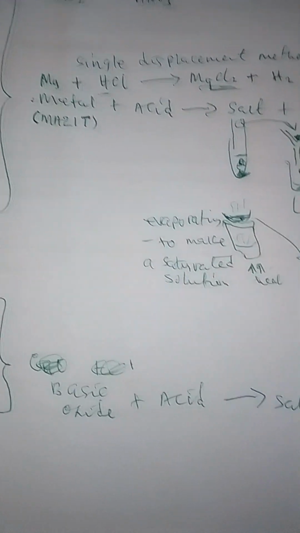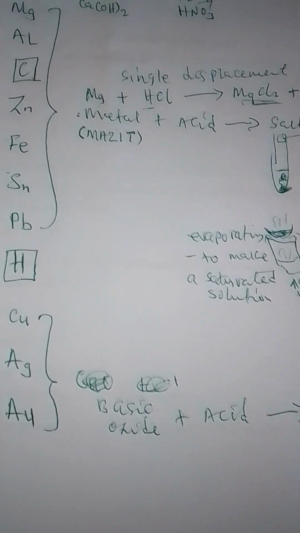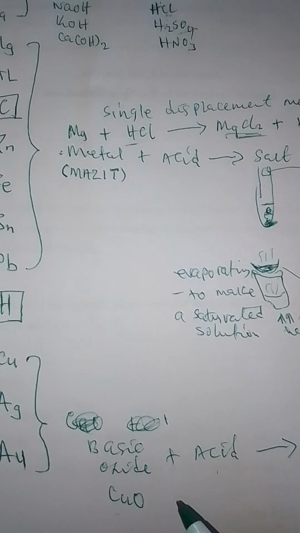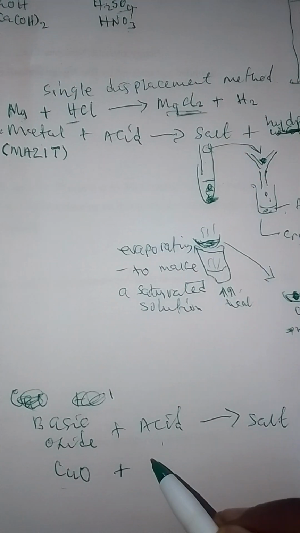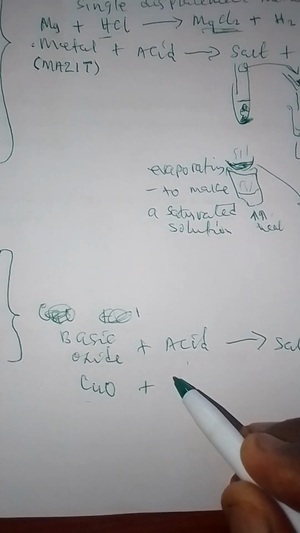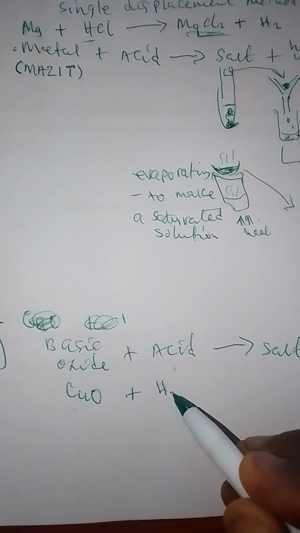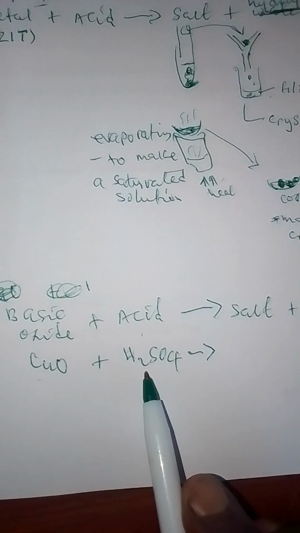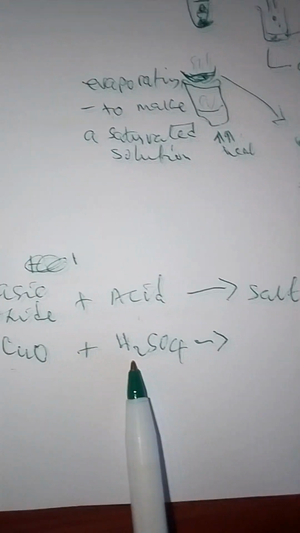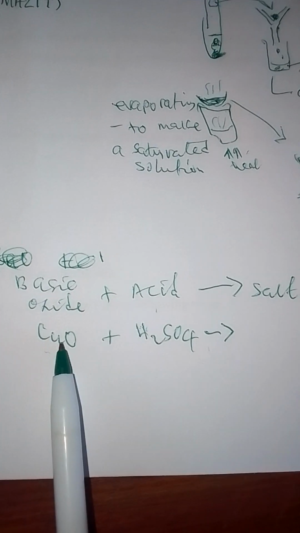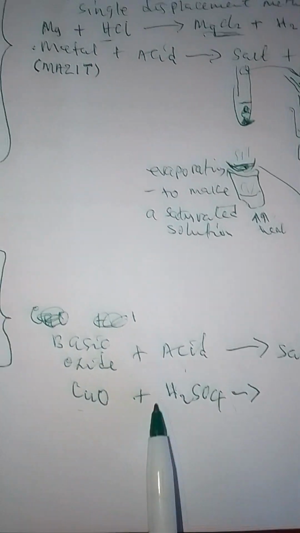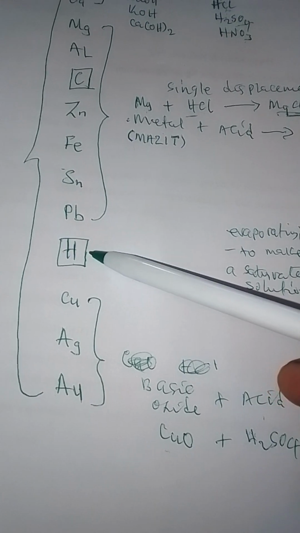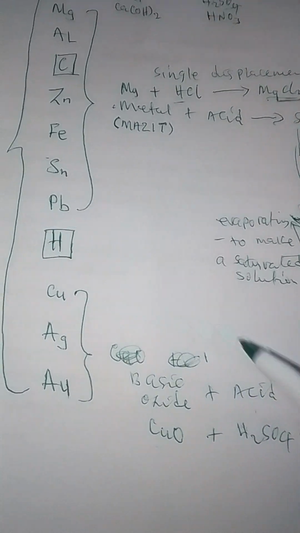So here, the next step is giving you an example of copper oxide. You don't put copper direct into acid because the reaction will not take place, because copper cannot displace hydrogen in that acid. So I'll use sulfuric acid this time. Like copper oxide plus sulfuric acid. Here, it is now the hydrogen that is going to displace copper from copper oxide. Have you seen? Hydrogen is higher in the reactivity series, so it will displace copper in that compound where it is.